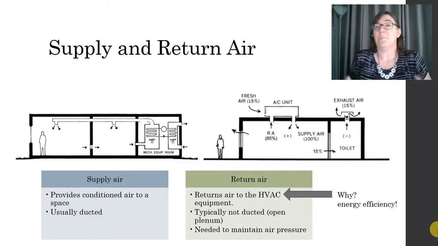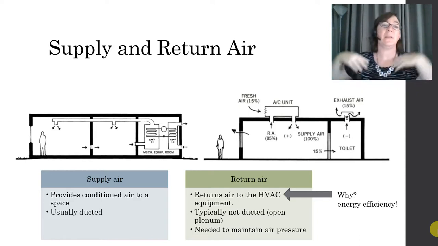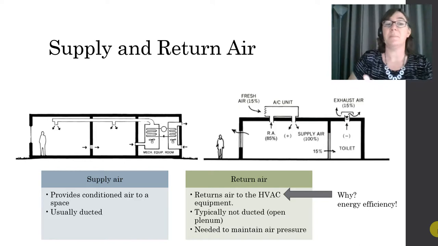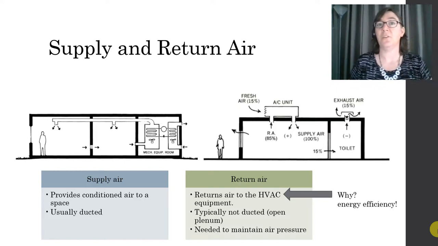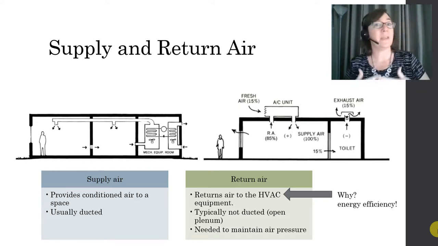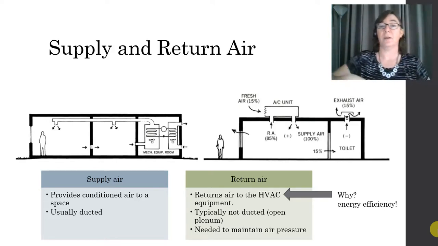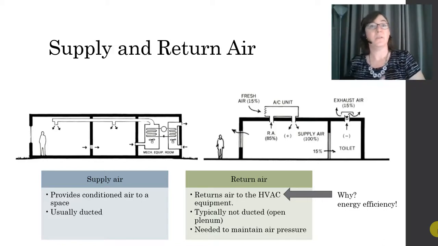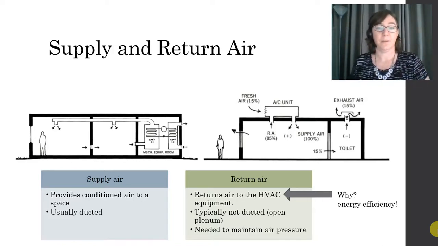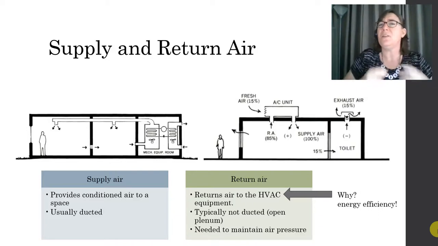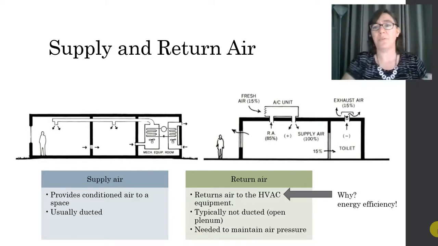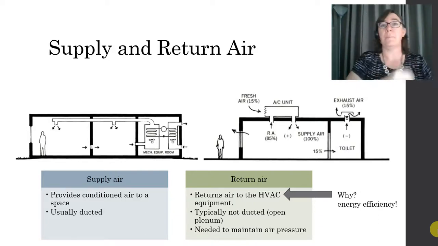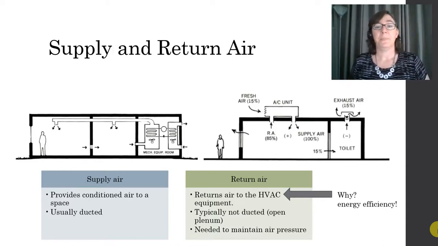So supply and return air, probably pretty familiar with this concept, but supply air is the system that provides conditioned air to a space. It's usually ducted. The return air takes the air from the conditioned space back to your mechanical equipment. It's typically not ducted. It will run through a plenum or directly from space to space.